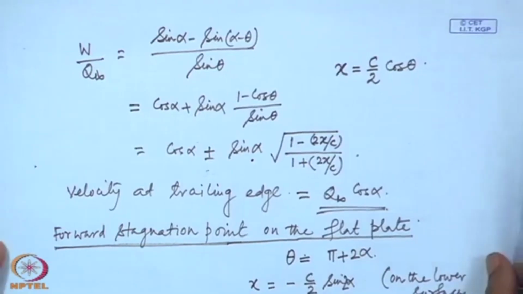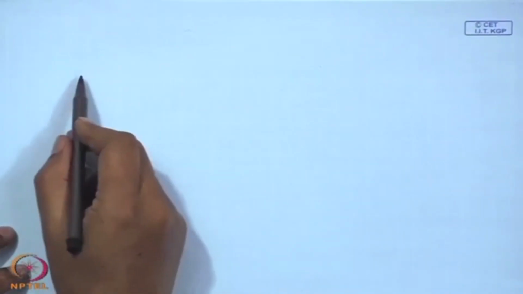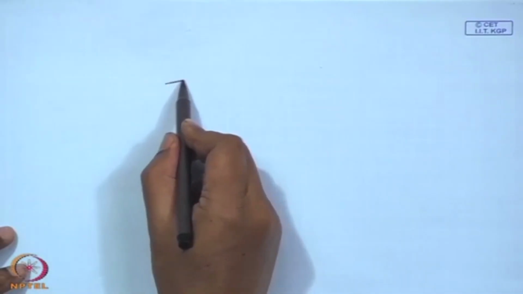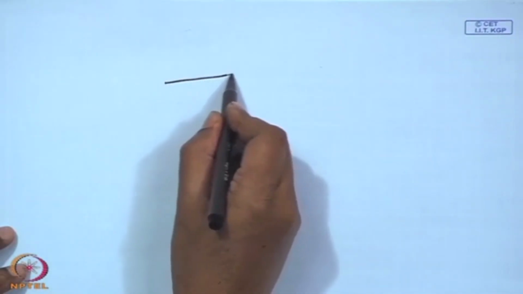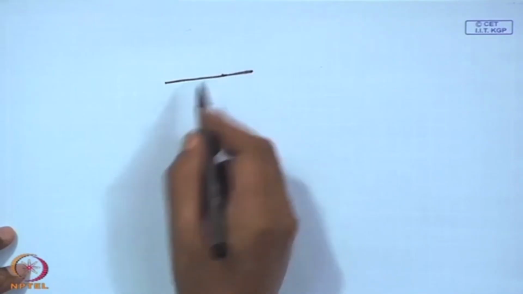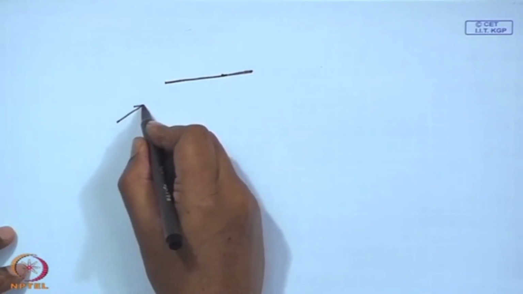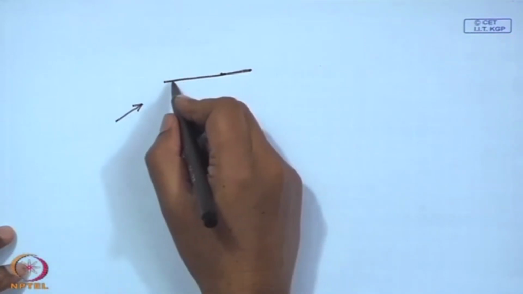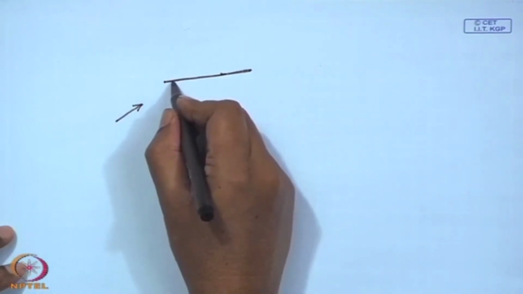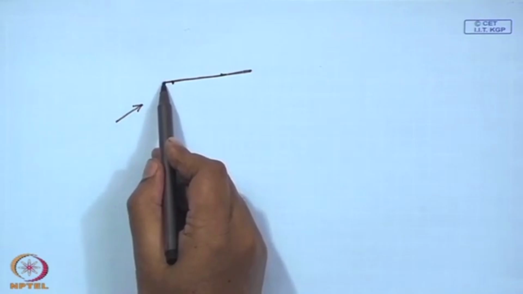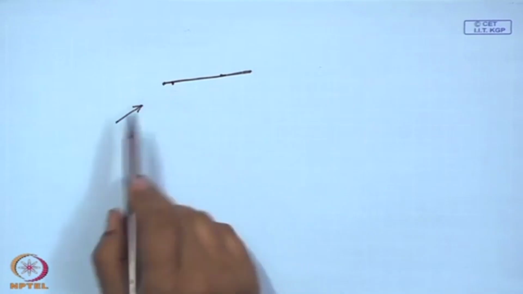Let us look at the flow pattern. First of all, think that this is our flat plate, and the flow is coming at an angle alpha. The forward stagnation point is somewhere here on the lower surface. It is not at the front point; it will be at the front edge when alpha is 0. For any non-zero alpha, it will be on the lower surface, assuming positive alpha.